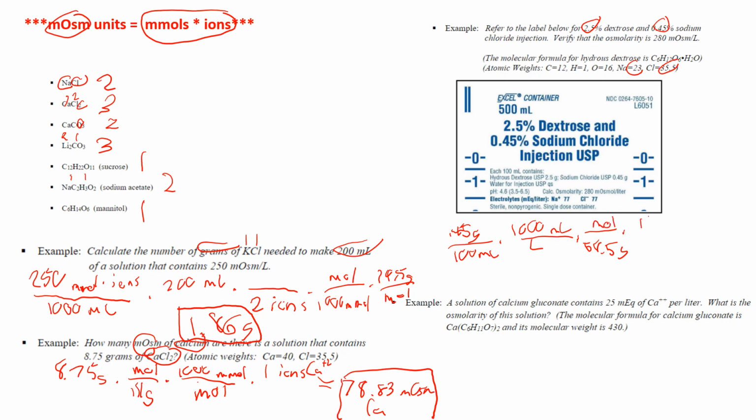times 1000 millimole per mole, and then times our 2 ions, because sodium and chloride are each their own ion. 2 ions. Dextrose is a little bit easier just because it doesn't break up into ions.